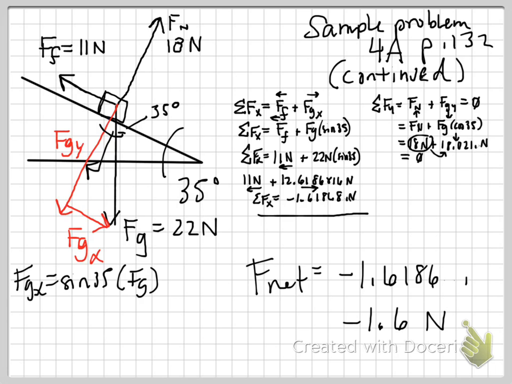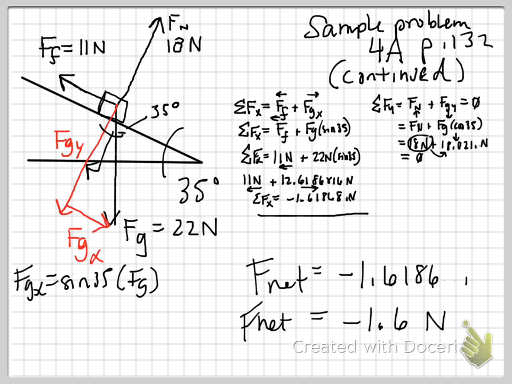We can say negative, or we can say down slope. Your book uses 2 newtons because the sig figs are terrible. So it would be saying 1.6 newtons on the positive x-axis. And while that's true, what that doesn't convey is the fact that you have an unbalanced force down the hill. This book is going to slide.